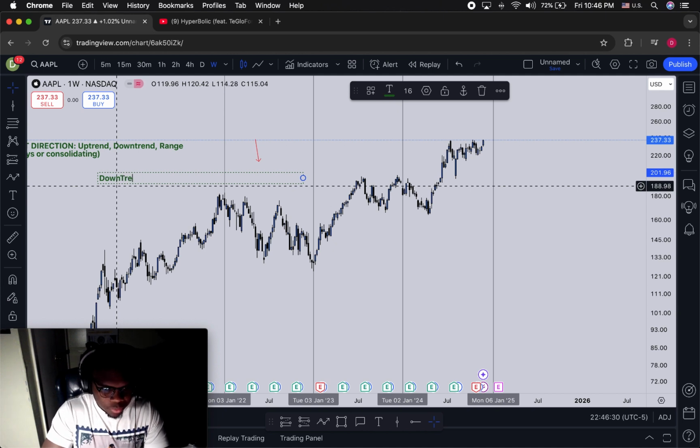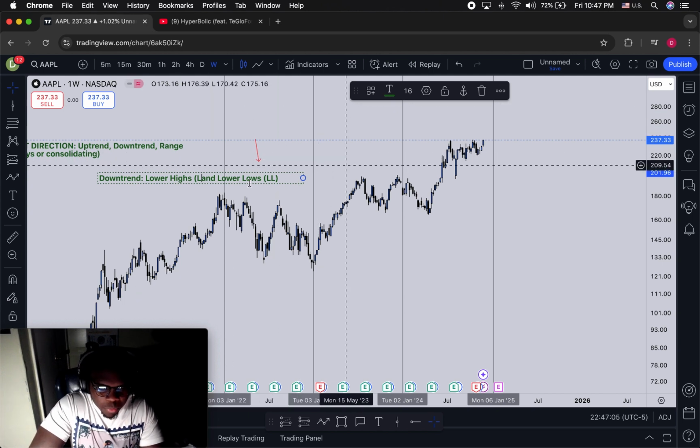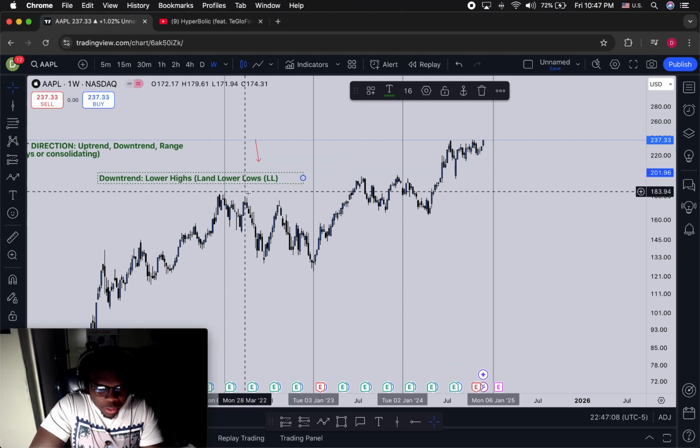Downtrend: lower highs and lower lows. I'm going to abbreviate it, because if you're watching other things on YouTube, people might just write LH right here, LL there.